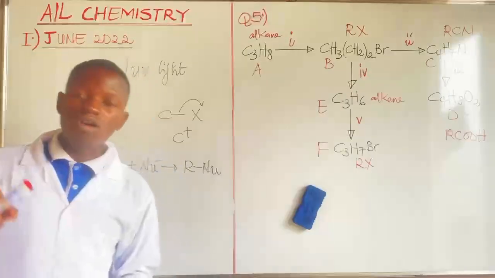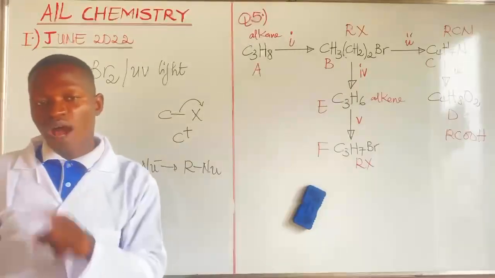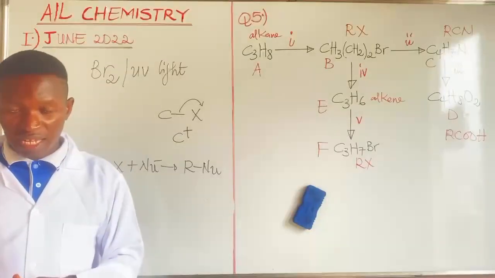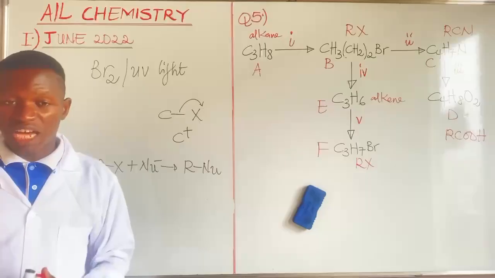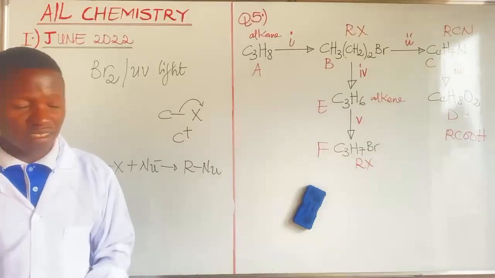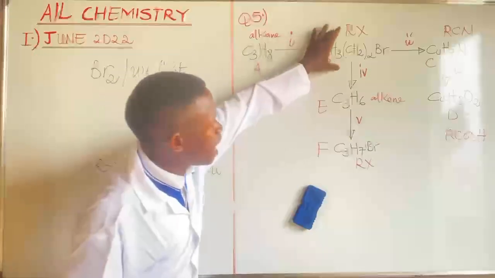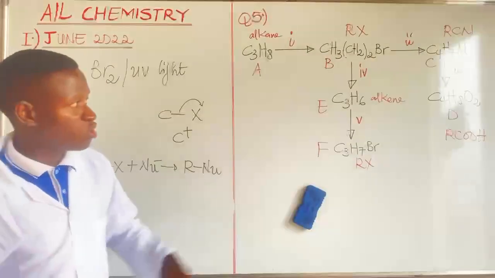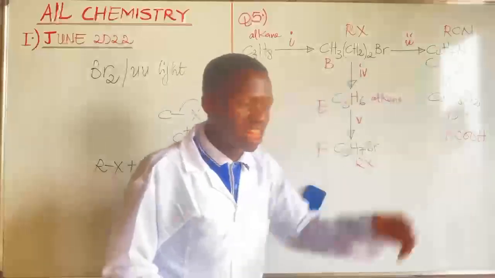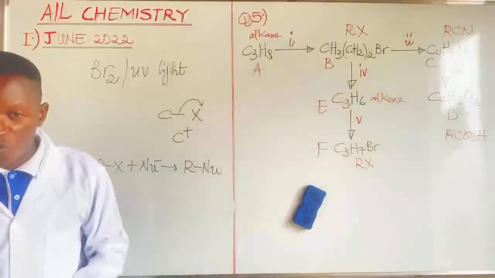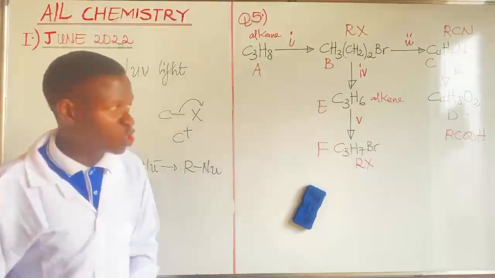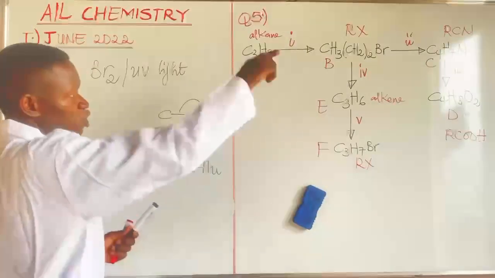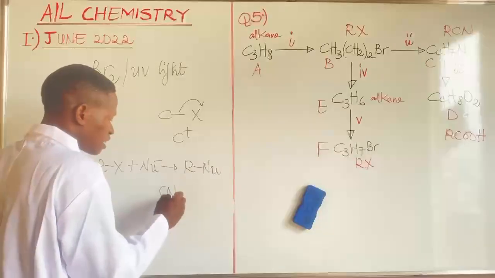But depending on the reaction conditions, haloalkanes can also undergo elimination reaction, in which they produce alkenes. So haloalkane to alkene is elimination reaction. Haloalkane to a nitrile is nucleophilic substitution reaction. So what is the nucleophile? The nucleophile there is the cyanide ion.